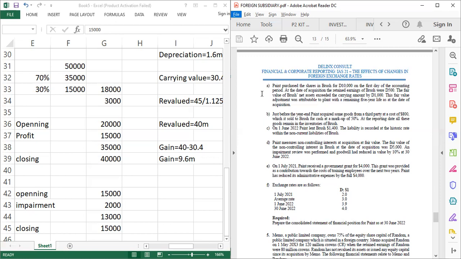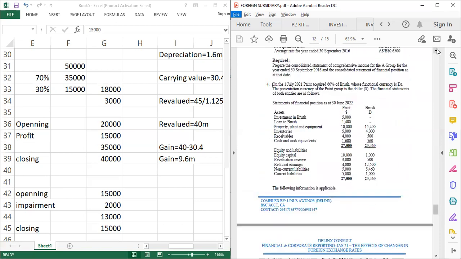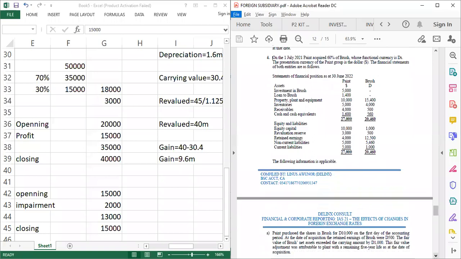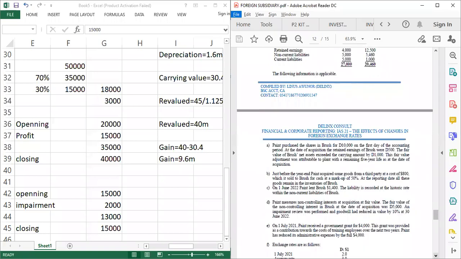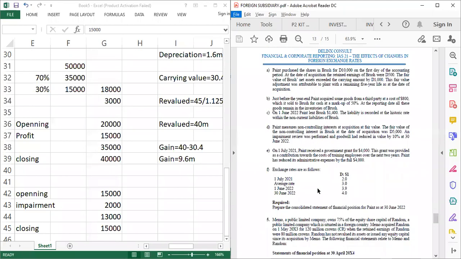1st July 2021, 2D is to $1. The functional currency of Brush is the D. Average rate, 3D is to $1.